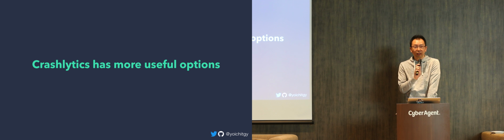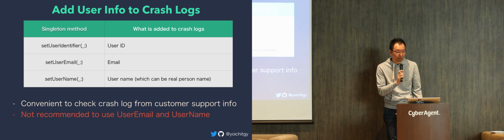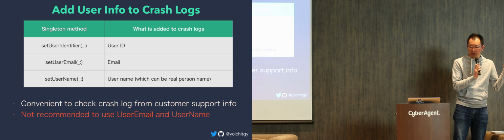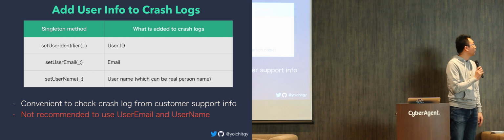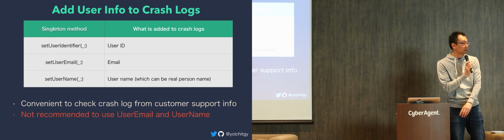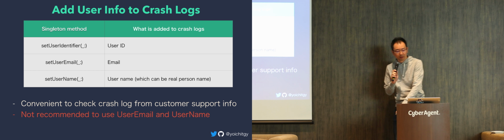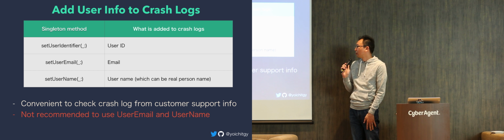There are some very useful options. For example, you can add user ID, email address or username to the crash report with a single method of Crashlytics, like setUserIdentifier, setUserEmail or setUserName.